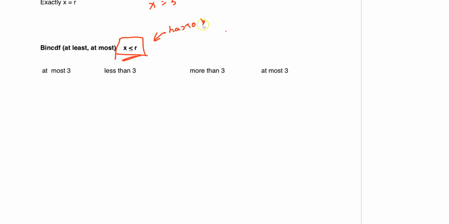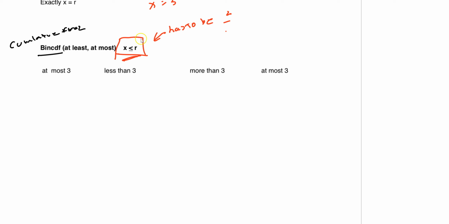Now CDF means cumulative frequency. So anytime you want to add more than one, we use CDF because it's cumulative frequency. That means adding up all the ones below it. That's why it only has to be less than.